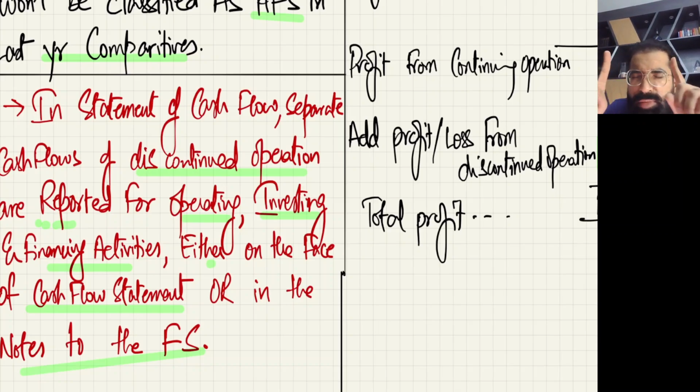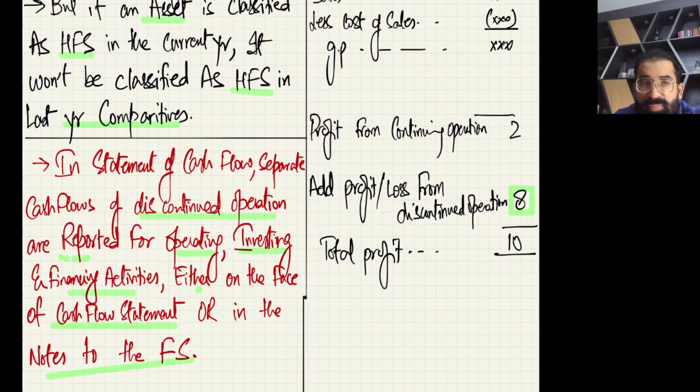Either on the face of the cash flow statement, you show how much cash flow is generated from operating, investing and financing activities regarding this discontinued operation, or you can do the same thing in the notes to the accounts. Be careful with this thing, in the red pen.